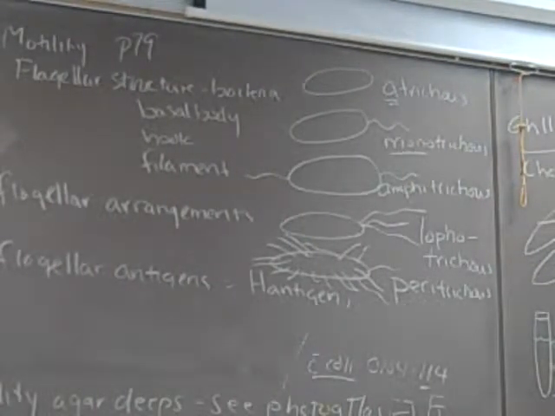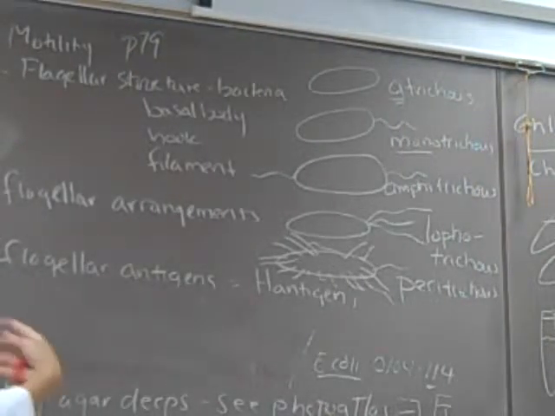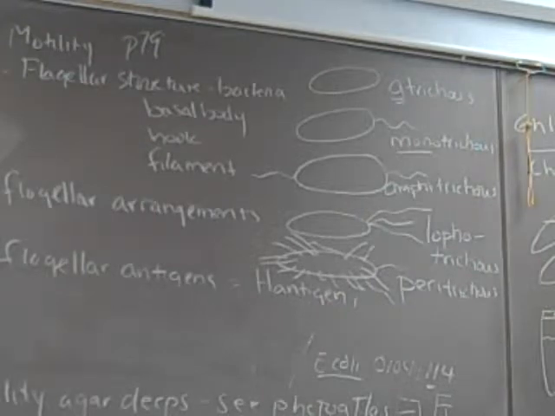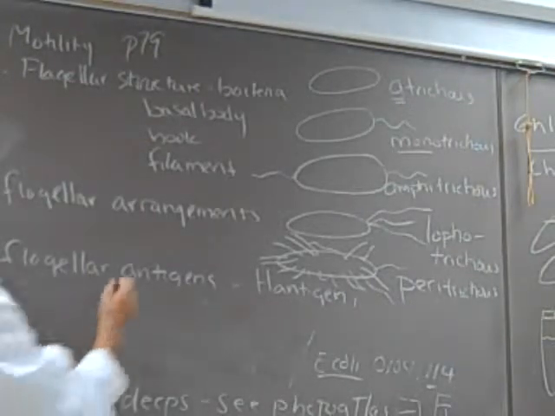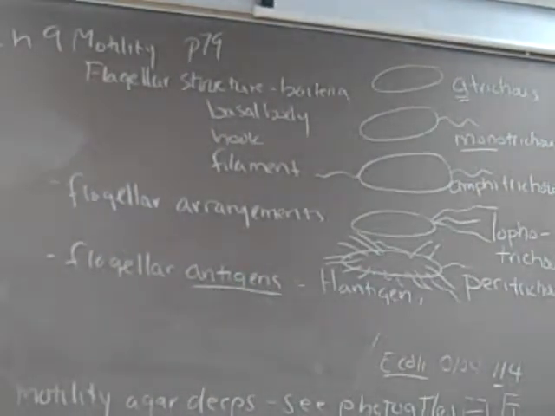In addition, if we're talking about classifying bacteria, we can use antibodies that humans and animals make against the flagella. So we're going to back up here and talk about flagellar antigens. First of all, what is an antigen? An antigen is any substance that can trigger an immune response.